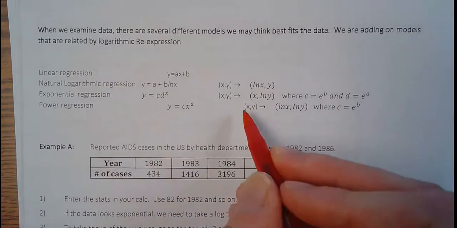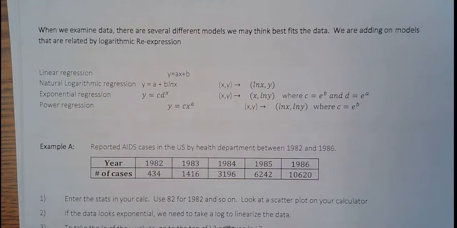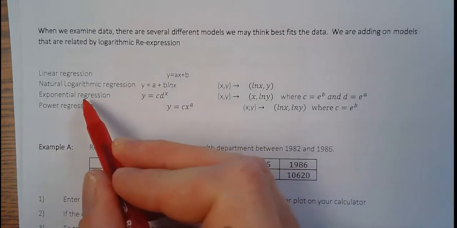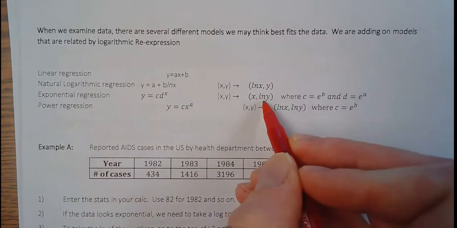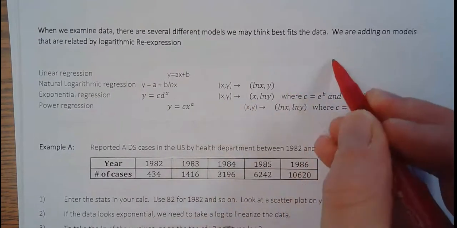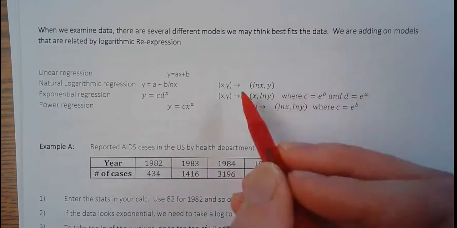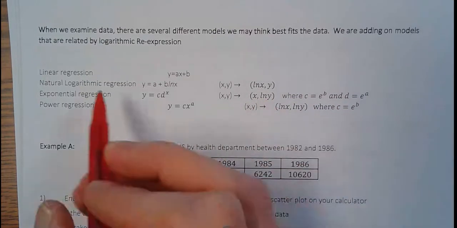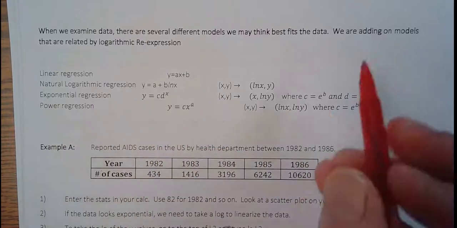Mathematicians have discovered that if it's an exponential regression, then when you take the natural log of the y and compare it to the x, it straightens it out. So instead of having that exponential curve, it's going to make a straight line out of it by taking the natural log of the y's. Okay, and you get an exponential regression.